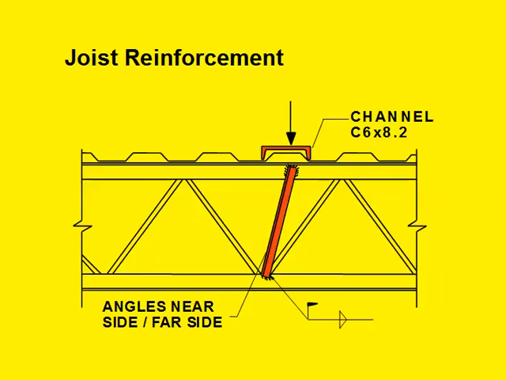And this detail appears now on almost every erection drawing that the steel joist people put out. They'll have this as a standard detail that says, if you don't put the concentrated load over a panel point, you have to do this. And we put it on our details too, and you probably do as well.